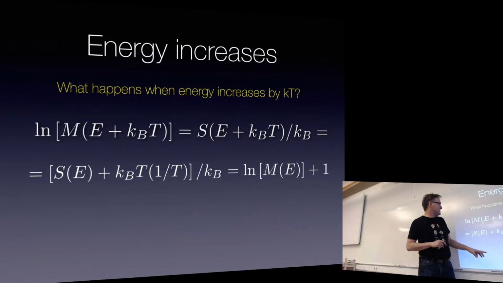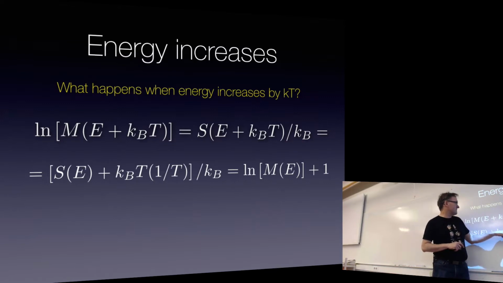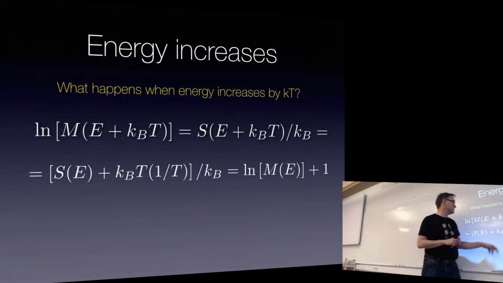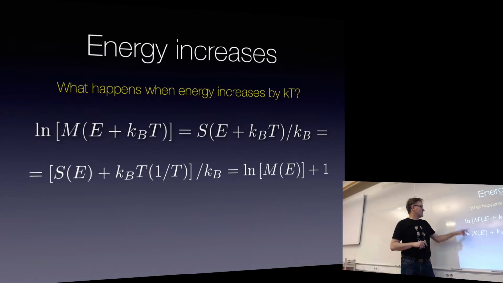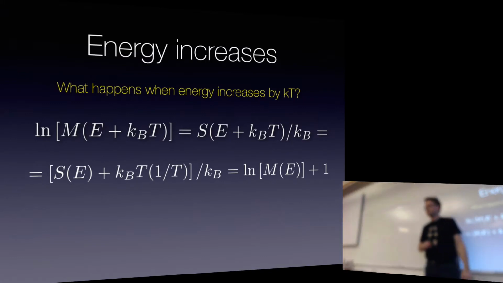So then it's going to be S divided by k plus k, which cancels with that k, and then T, which cancels with that T. So that entire term is going to be unity. But then S was still the logarithm of M, right? So we get back the logarithm of M plus 1.